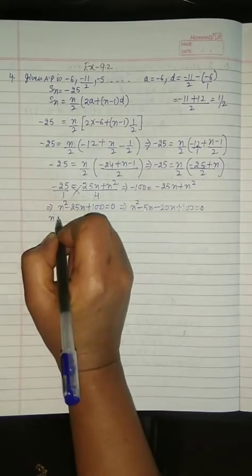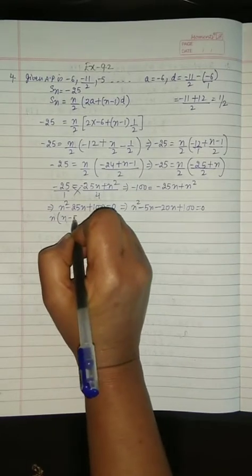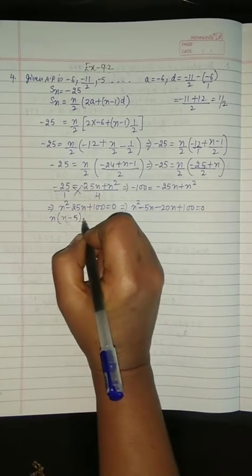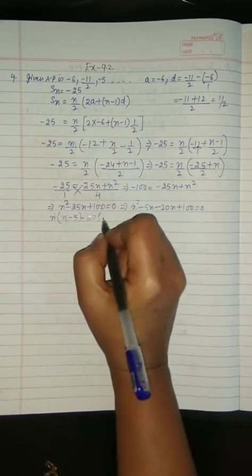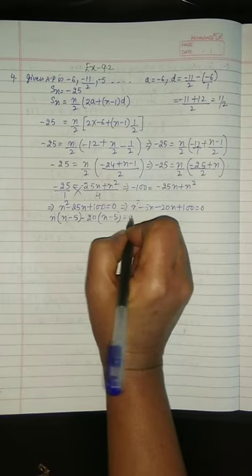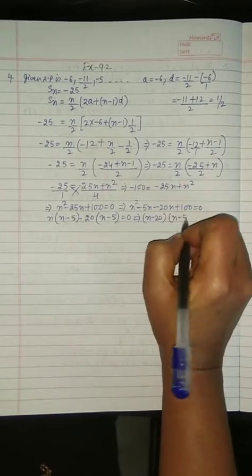Taking n common from the first two terms, it will become n minus 5, and taking minus 20 common from the last two terms, it will become n minus 5 within the bracket. So it will become n minus 20 into n minus 5 is equal to 0.